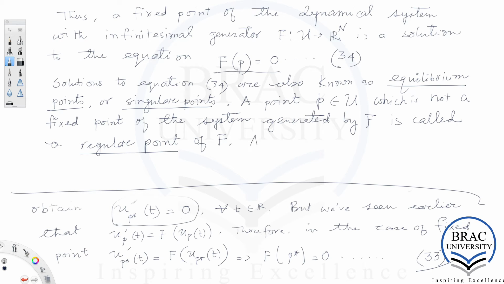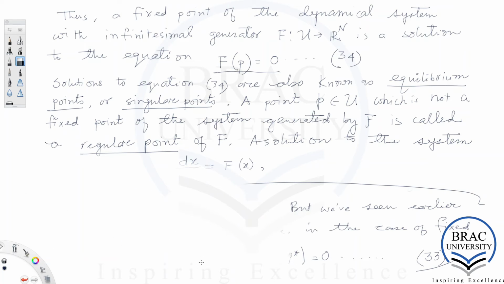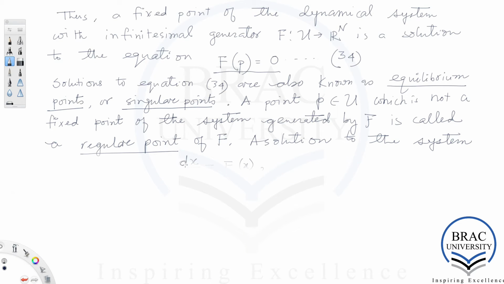Okay, now a solution to the system dx over dt is equal to f of x, defined by 32, where 32 was UP star t is equal to p star. Okay, this is 32.